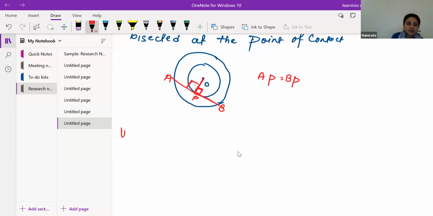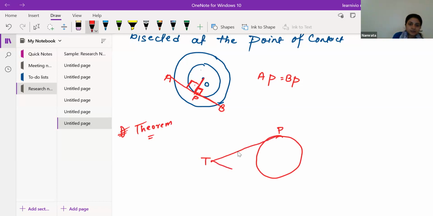The next theorem says: two tangents TP and TQ are drawn to a circle with center O. Here the center of the circle is O. From external point T, we have dropped two tangents, that is TP and TQ.